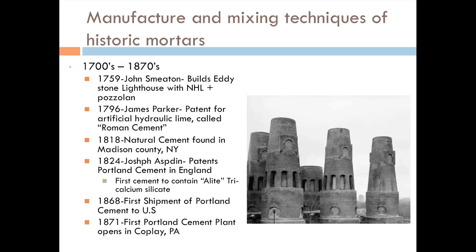Right then you have different fireplace designs being brought about. People are starting to think more necessity is the mother of invention, driving society forward. So another person in England named James Parker was the first one to patent what would be an artificial hydraulic lime. Unlike the Romans, he would add chalk or clays in the burning process of lime.